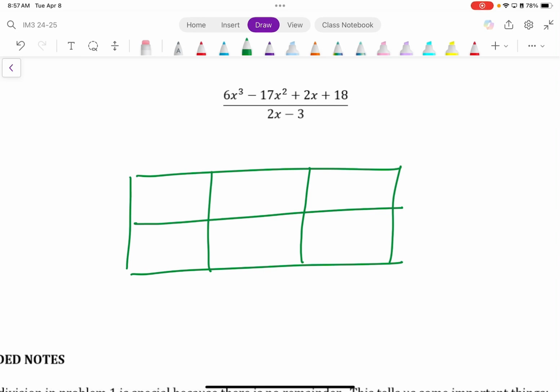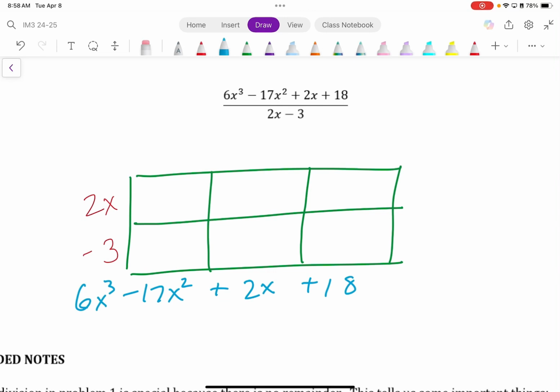Where should I put the terms 2x and negative 3? On the left side. 2x and negative 3. And then where does the equation go? On the top? Bottom. Okay. So I'm going to go 18, 2x, 17x squared, and then 6x to the third.